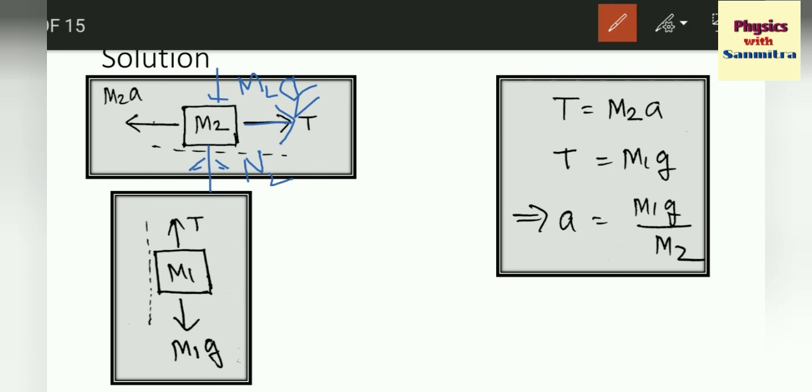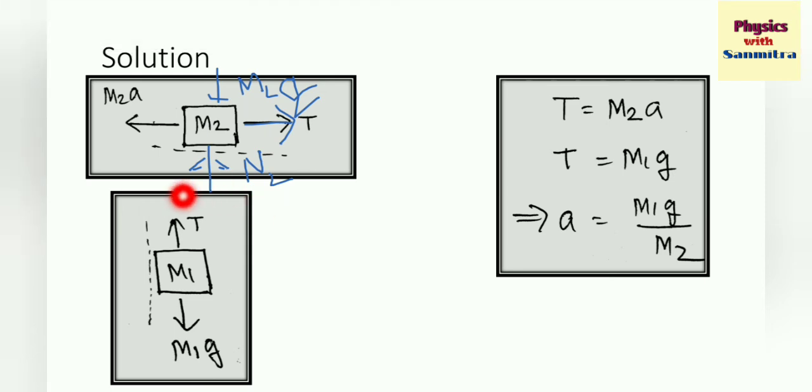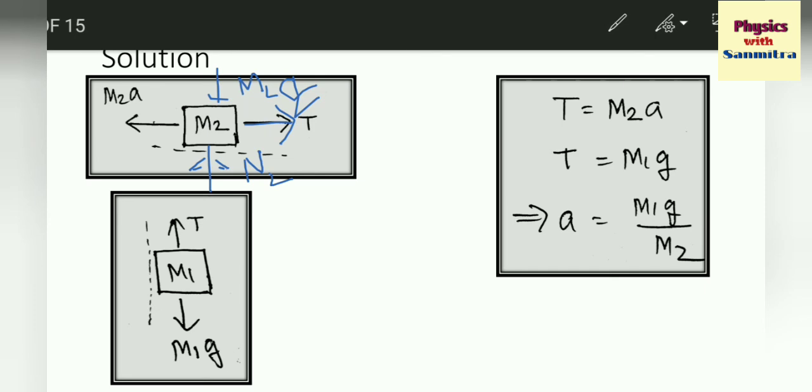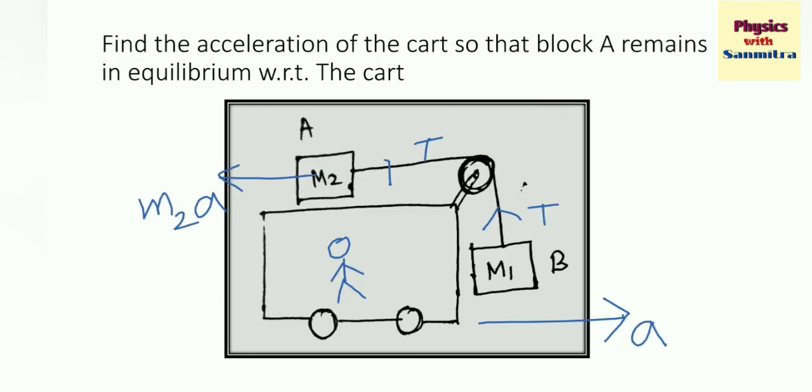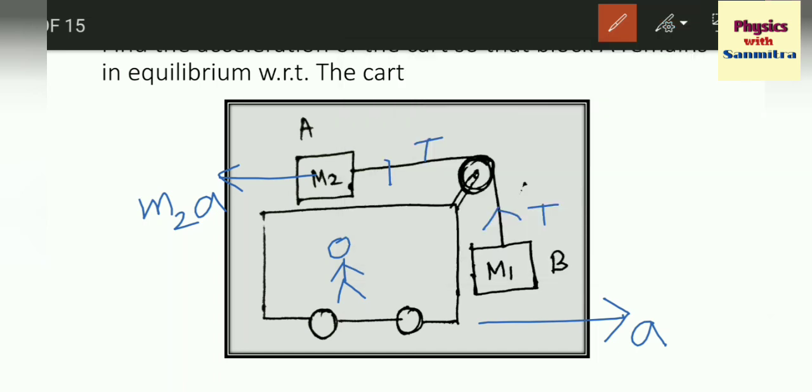Now let's see the free body diagram of block B. M1G is acting in the downward direction, T is acting in the upward direction. Now see one thing, I have not shown two forces here. This cart is moving with an acceleration a. So definitely a pseudo force M1 into A will act here, and that will be balanced by, say, N1, the normal reaction from here.